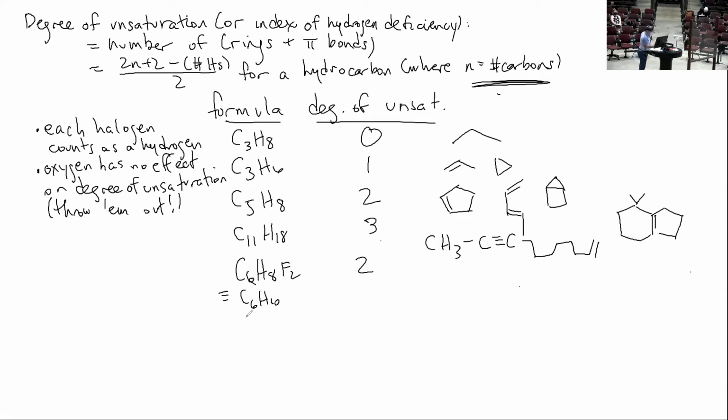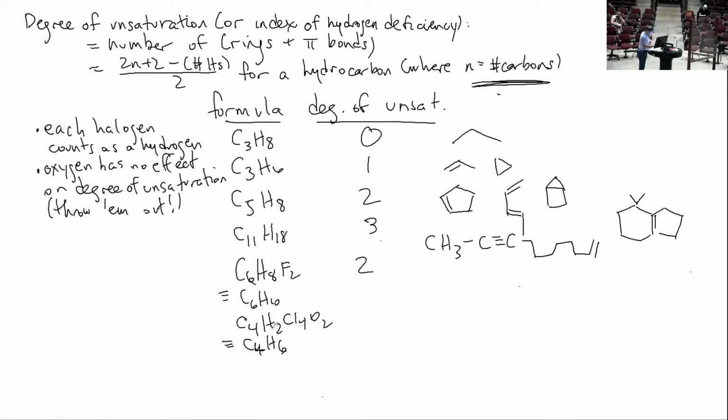So if you had something like, I don't know, C4H2Cl4O2, that would be the same thing as C4H6. Because the 4 halogens take the place of 4 hydrogens, and the oxygens have no effect on the degree of hydrogen deficiency.